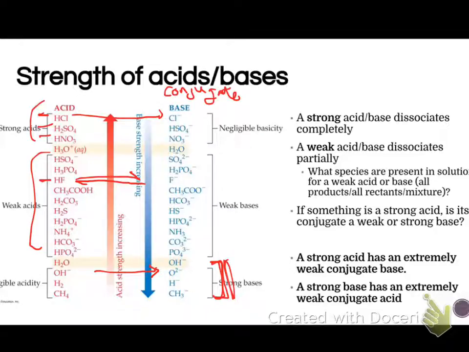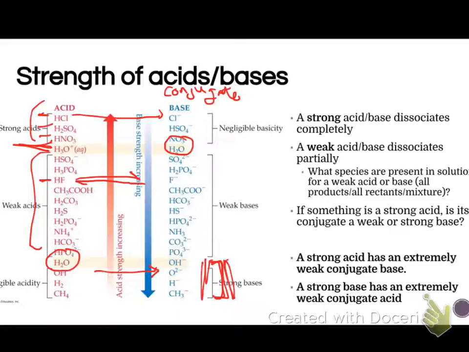Okay. Now what we'll notice that's interesting is that water is here twice. Water is both an acid on the left side and a base on the right side. And water is kind of the cutoff point between the different types. So acids that are above this water part are strong, below it they're weak.